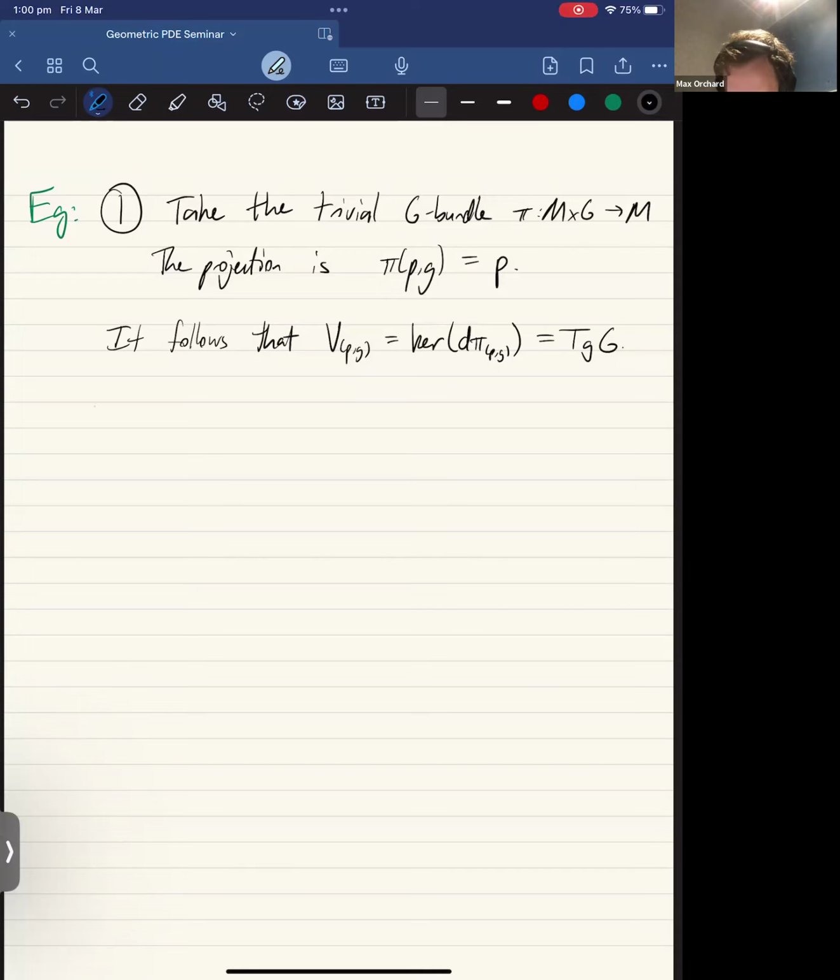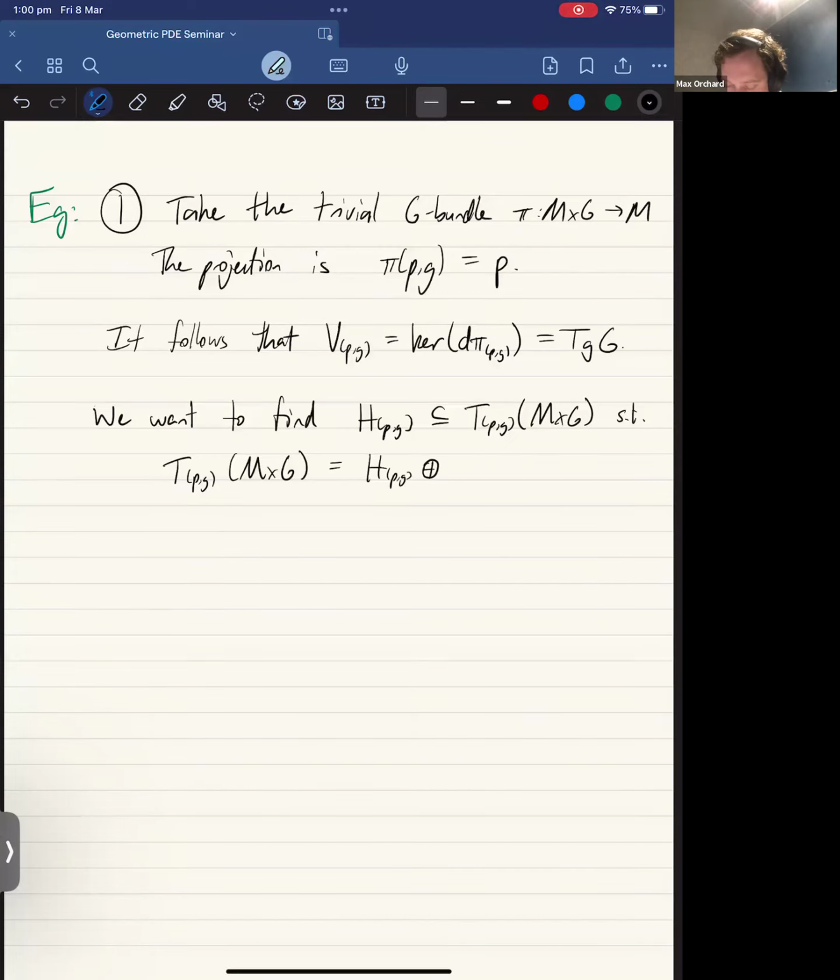So we want to find some sort of subspace such that we get this splitting here.